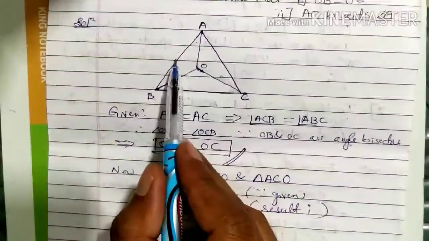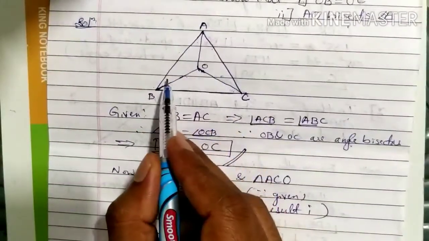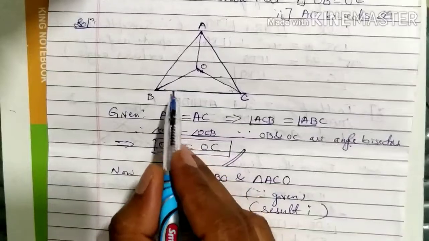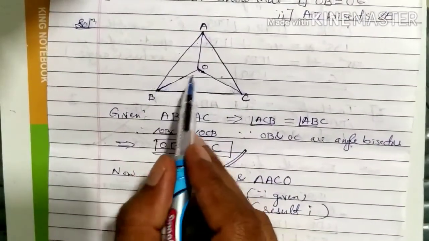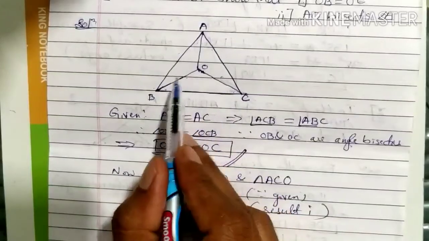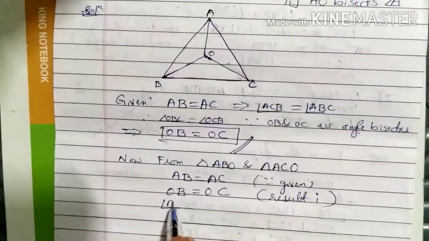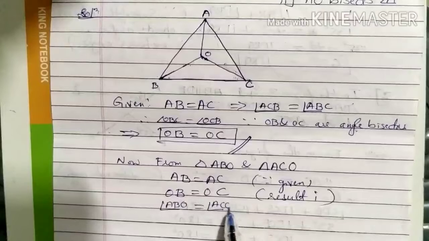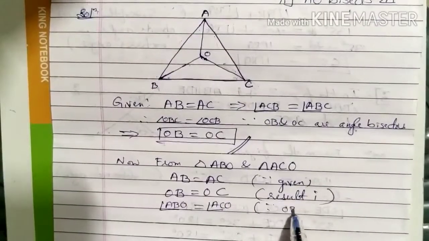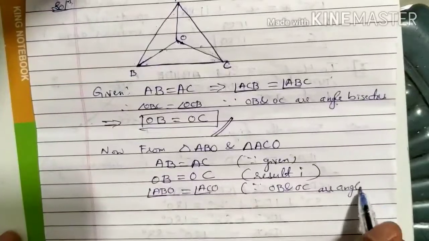Then these two sides are equal, corresponding sides, and since OB and OC are angle bisectors, these two angles must be equal, that is, angle ABO is equal to angle ACO.